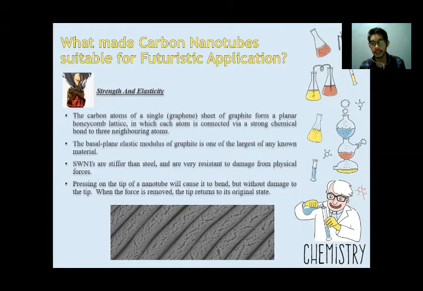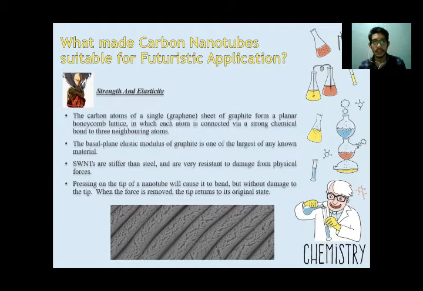For this, we can see the previous slide, which is the structure of the carbon nanotubes, and the basal plane elastic modulus of graphite is one of the largest of any known materials.